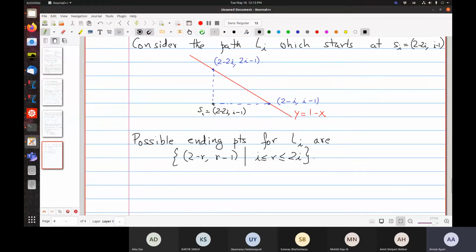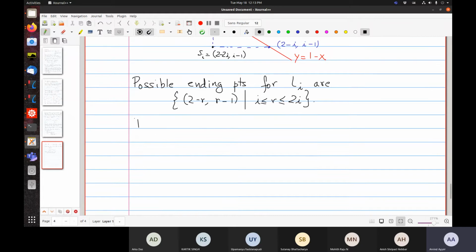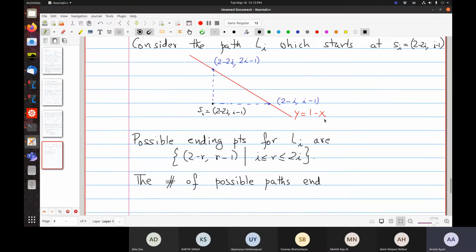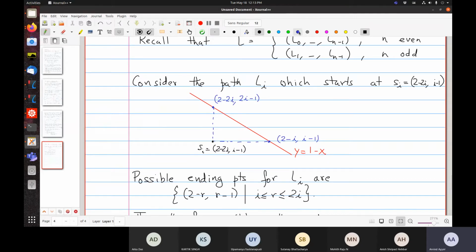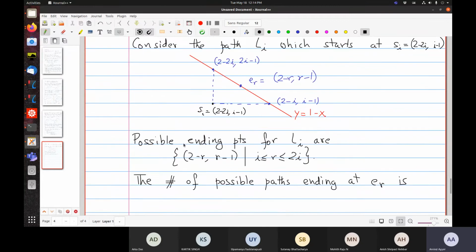So the number of possible paths ending, so I'll call this a generic point here, I'll call it E_r, which is (2 minus r, r minus 1), ending at E_r is, I mean, it's a binomial coefficient.